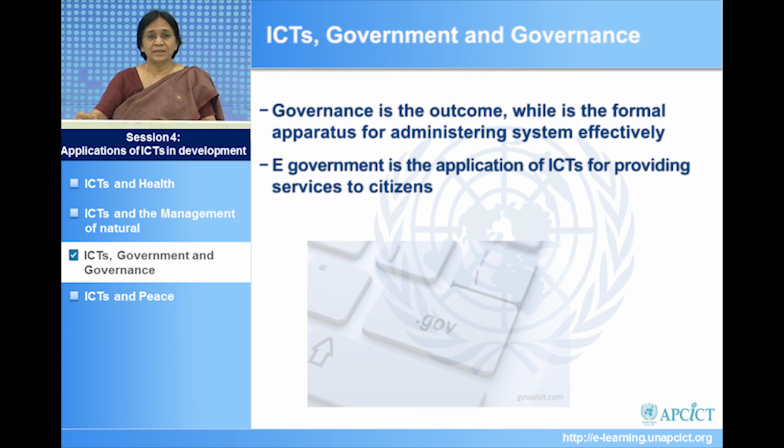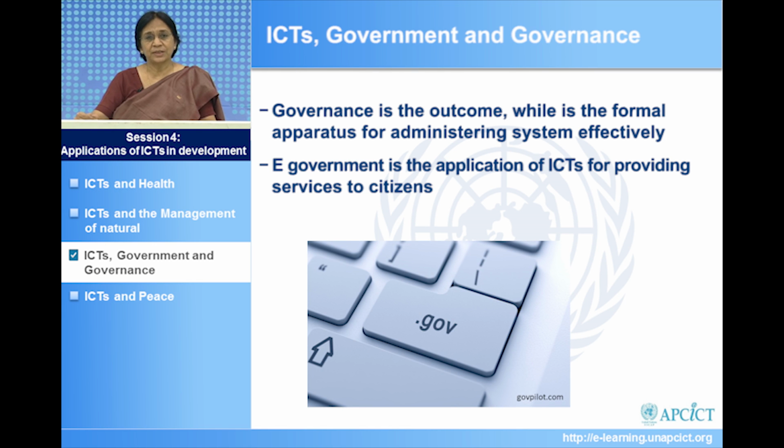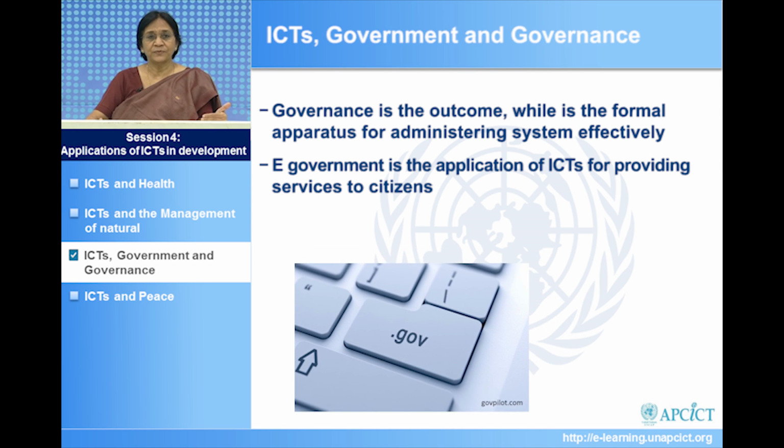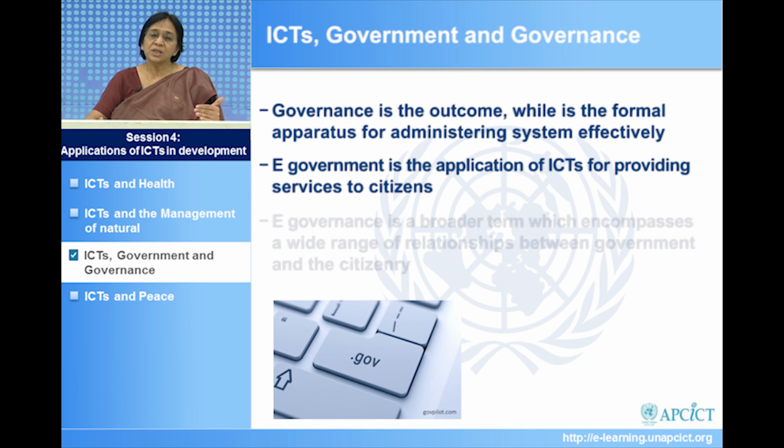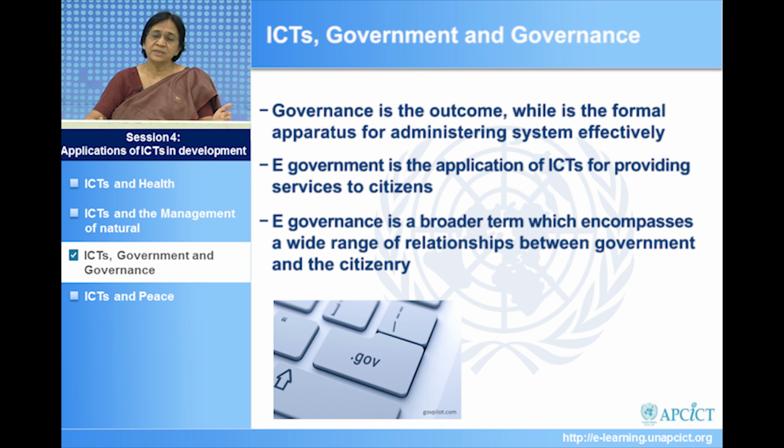And e-government is the application of information and communication technologies to providing services to citizens and to managing and administering a country effectively. E-governance, very often confused with e-government, is a much broader concept which encompasses a wide range of relationships between government and the citizenry, civic engagement, voting patterns, the way in which citizens communicate to government, the way in which government becomes more transparent.